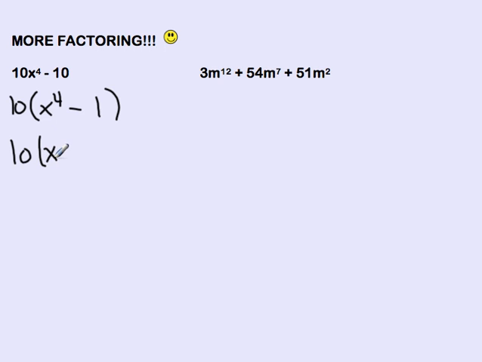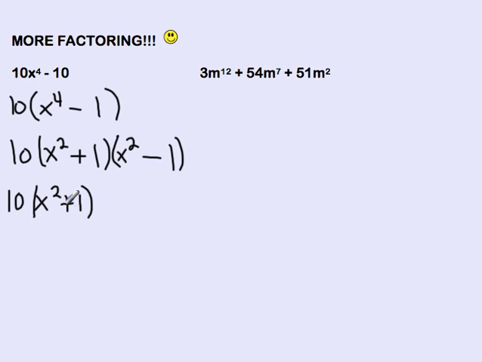X to the 4th, I can split up into x squared and x squared. Now I'm going to break up the 1. That's going to be plus and minus 1. Okay. I'm going to continue, bring down the 10. X squared plus 1 cannot be factored any further. Those are both perfect squares.